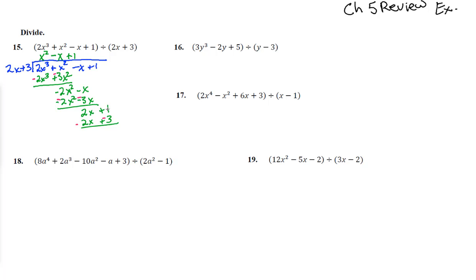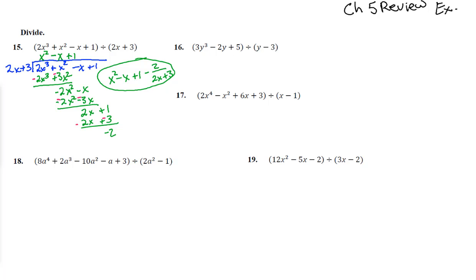And 2x minus 2x is gone. 1 minus 3 is a negative 2. So our answer then is this up here, x squared minus x plus 1, with the remainder over 2x plus 3. So minus 2 over 2x plus 3. And there's the answer for number 15.